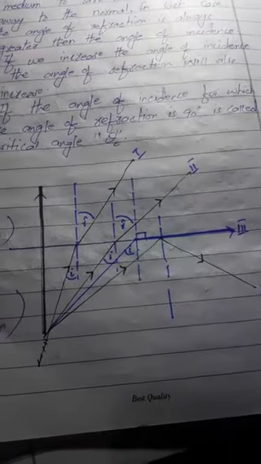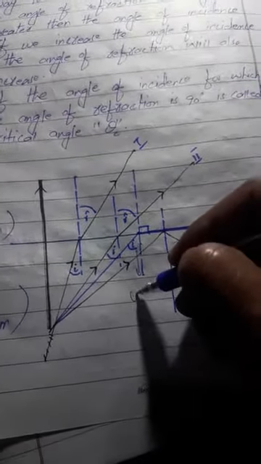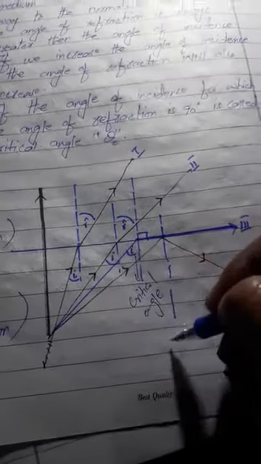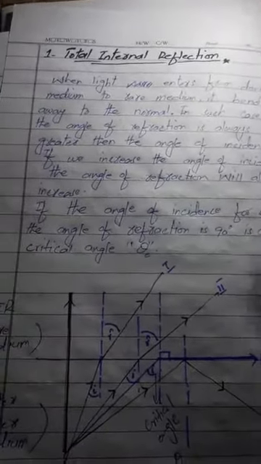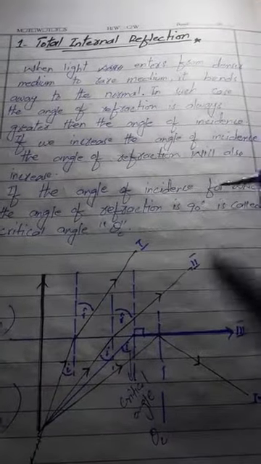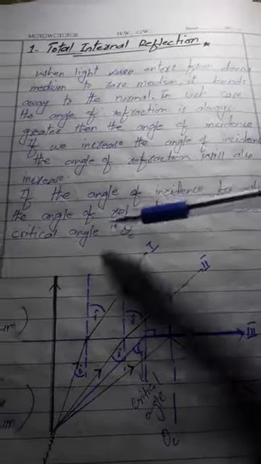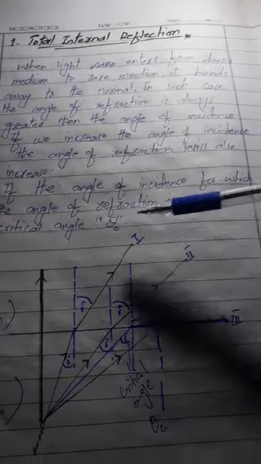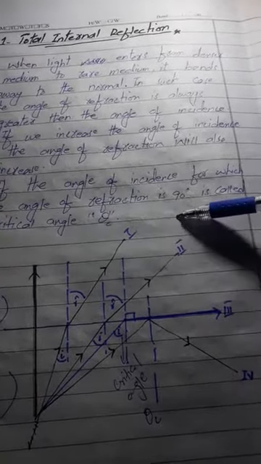So this incident angle will be the critical angle, represented as theta c. In the definition you can also see, the angle of incidence for which the angle of refraction is 90 degrees is called the critical angle, denoted by theta c. So basically this is the total internal reflection.